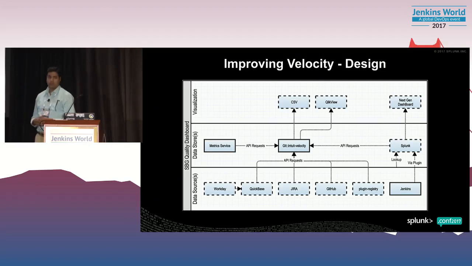This is the way lookup works. So we define many lookups, and those lookups are built dynamically based on those APIs, which go and fetch the data and produce those lookups. And then we connect all this data with the Splunk Jenkins data where you have build, test, and deploy data.